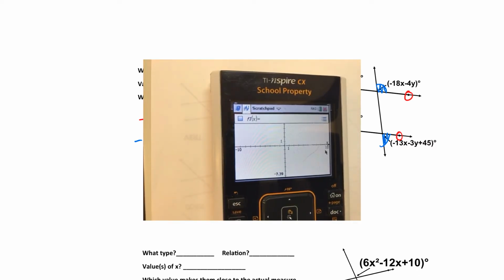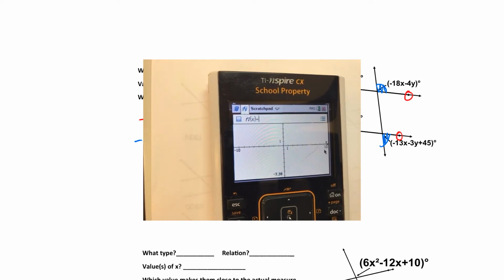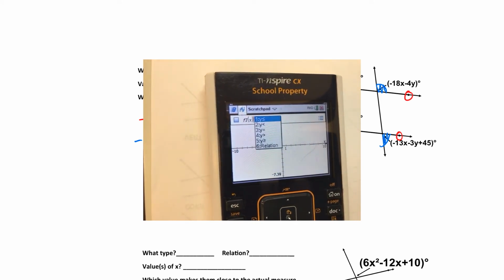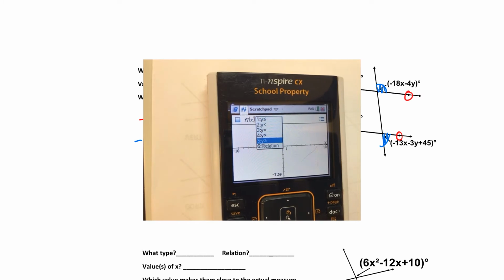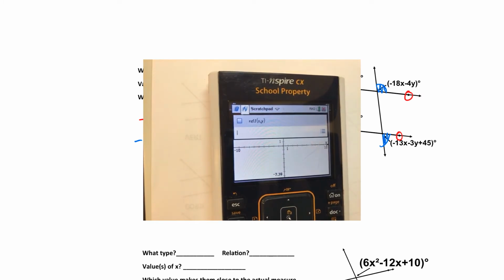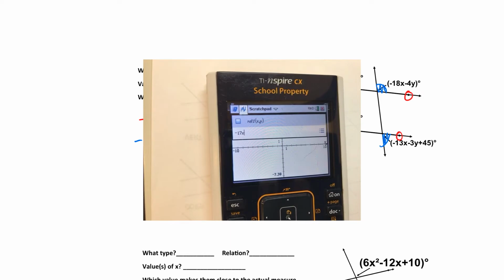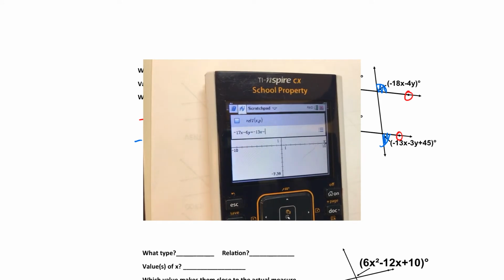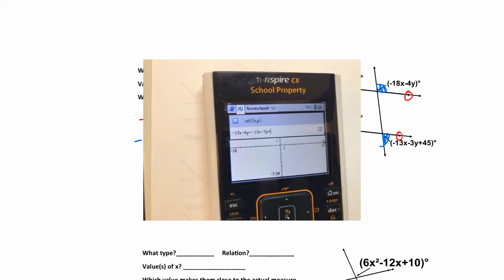All right, so let's put in both of those equations, and remember, we could solve for y, but also on this calculator, you can just backspace on the equal and go to relation. And let's just type those in like they are. So we have negative 17x minus 6y equals negative 13x minus 7y plus 6.